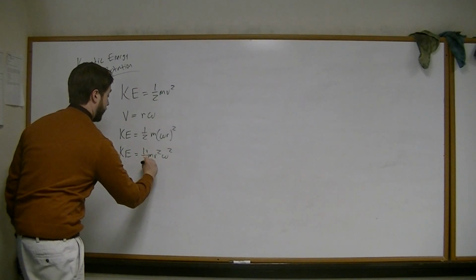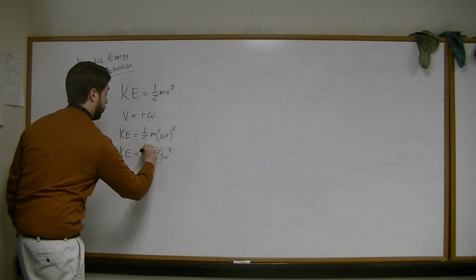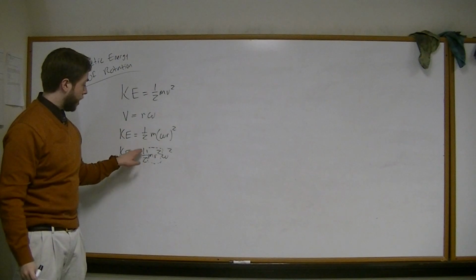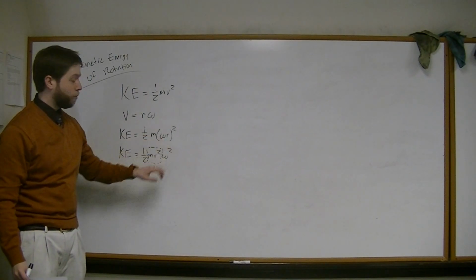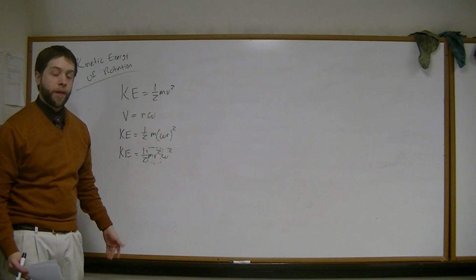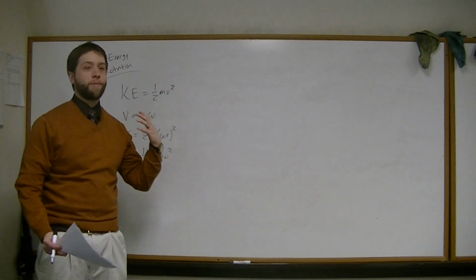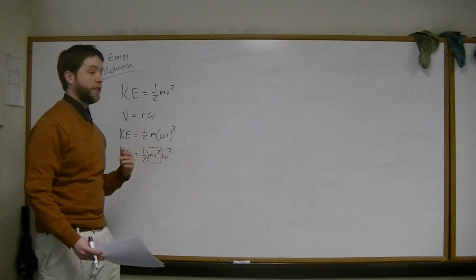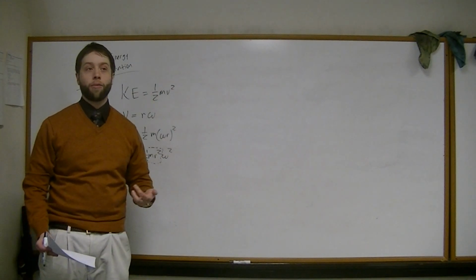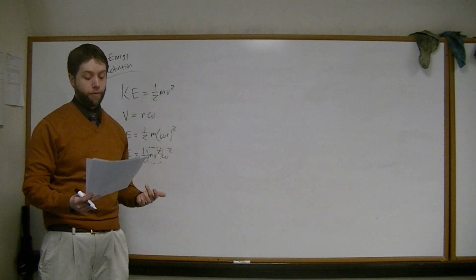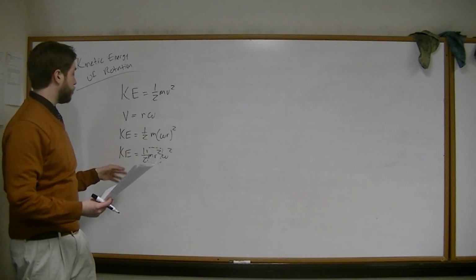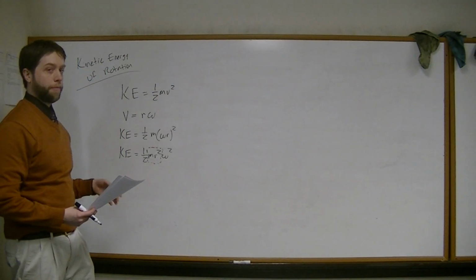This term right here is a little weird, but it looks like we have 1/2 some quantity multiplied by omega squared. And if you were thinking logically about this, you might assume, oh, okay, we're talking about angular motion, that's going to be related to the angular velocity, so that's probably where the kinetic energy term is going to come from.